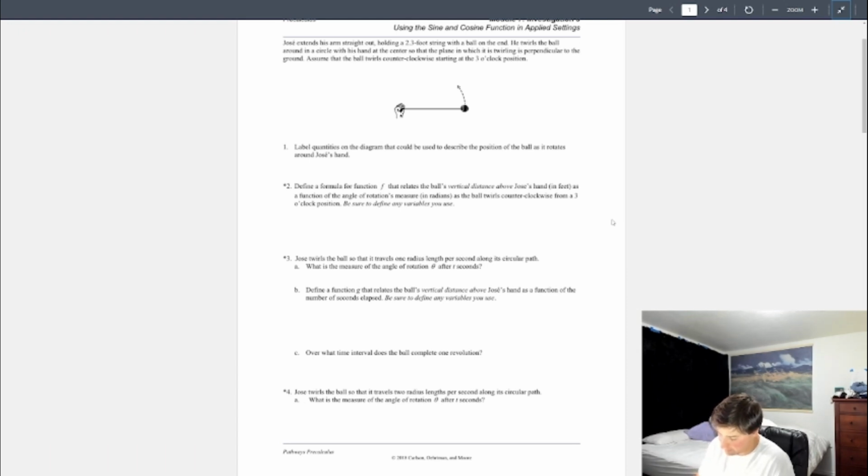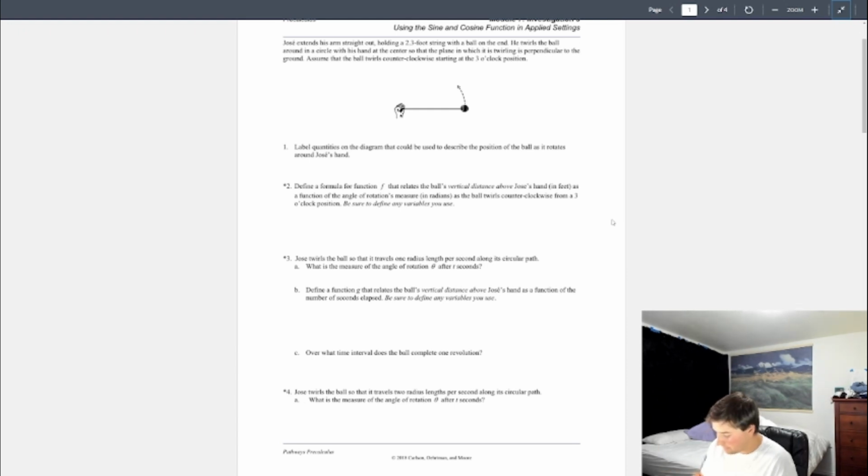Seconds would cross out. But since it's 1, it just is whatever t is. Since it's 1 per second, just t. Thus, theta equals t.